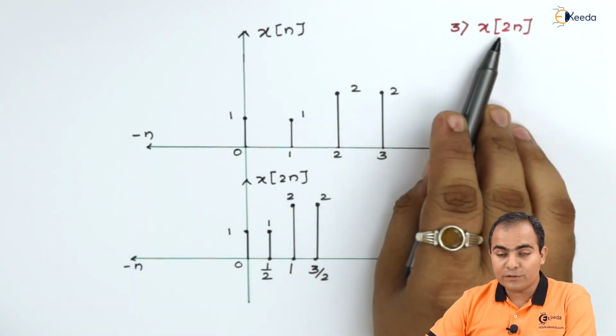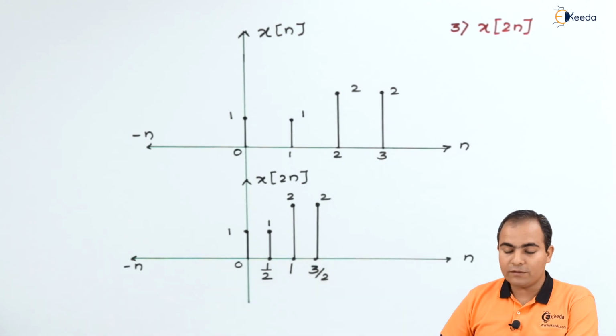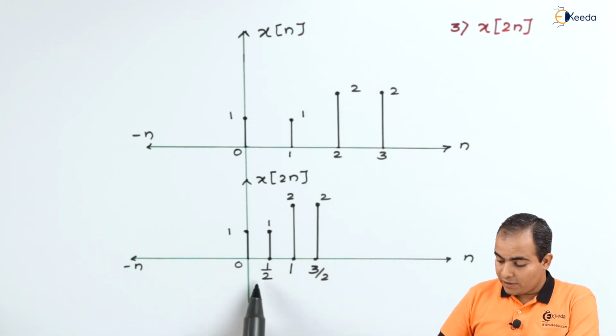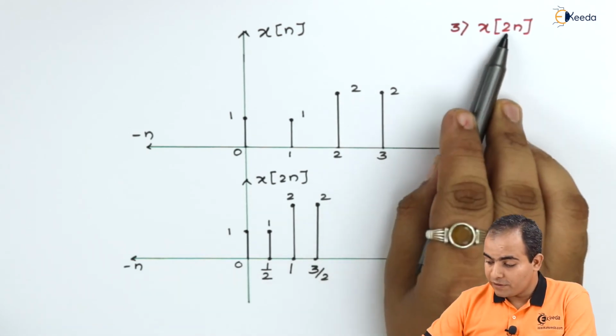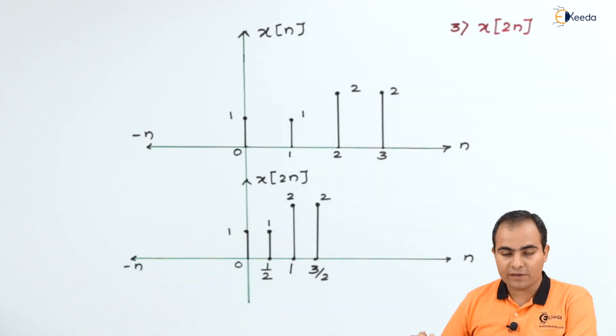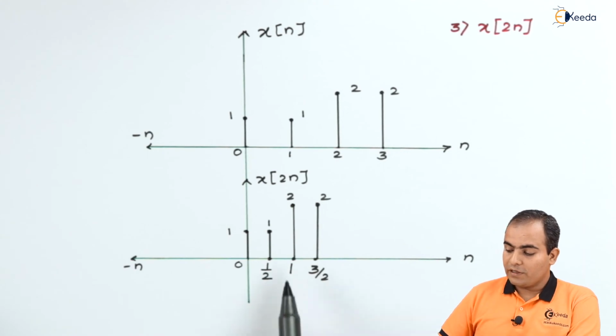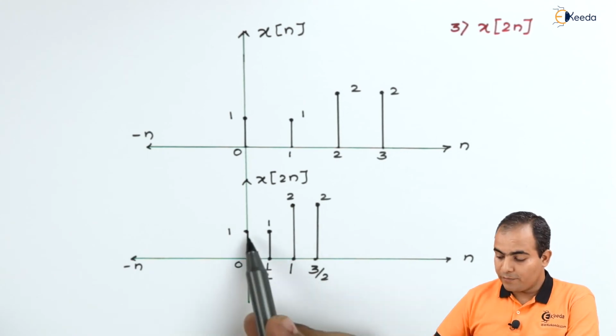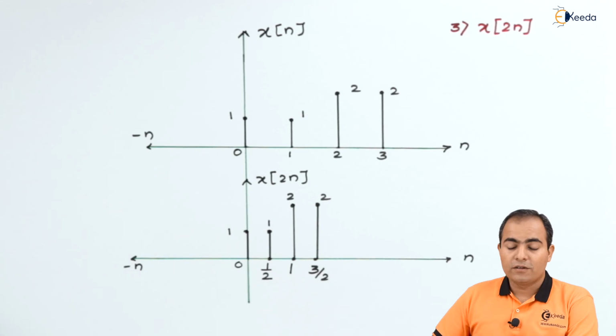Here the alpha value is 2, which means the graph is now compressed. Now how will it get compressed? It is compressed by this alpha factor, which means you have to simply divide this value. Now in this whole process, amplitude will not get affected. So this is all about the third part.